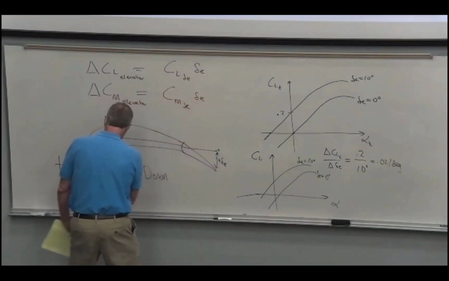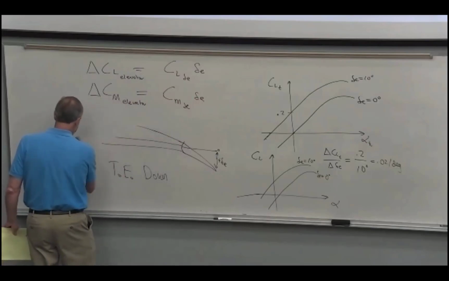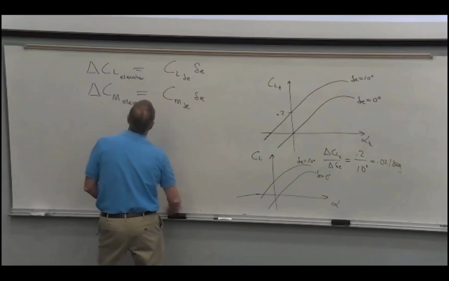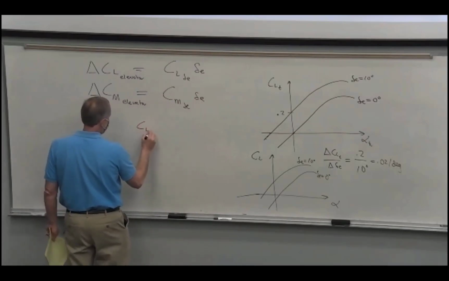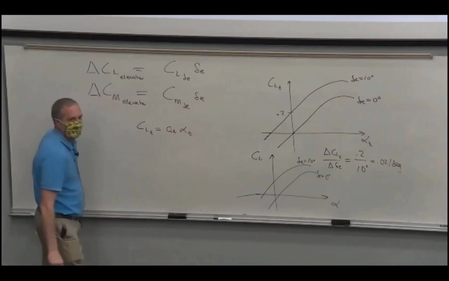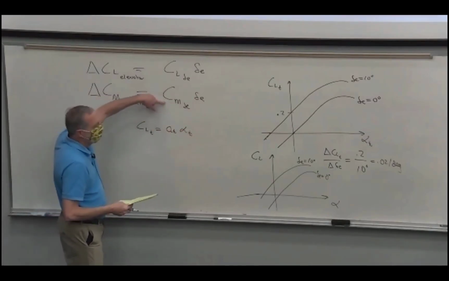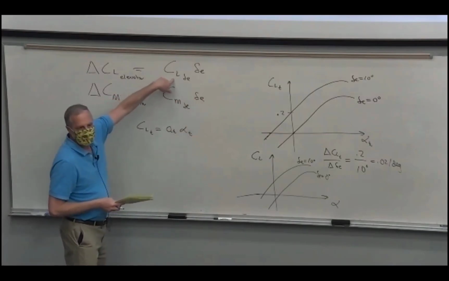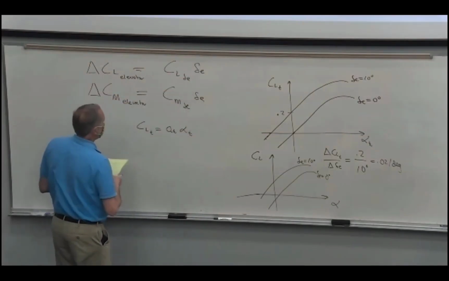So we're defining, just like we calculate, say, the lift of the tail as its lift curve slope times its angle of attack. Here we've got a slope, but it's not the lift curve slope, it's the elevator lift curve slope. So we take this slope times the elevator.